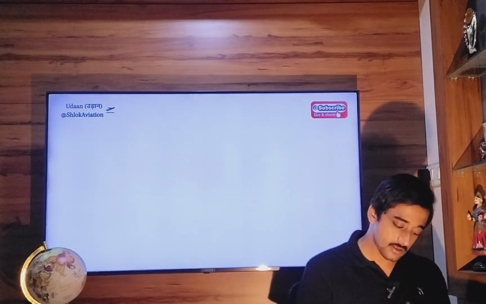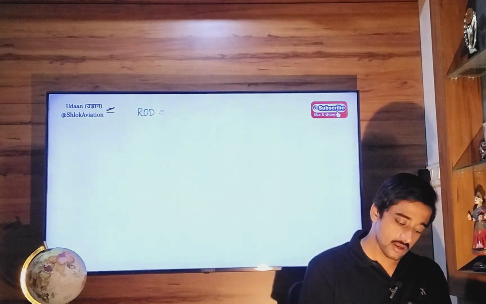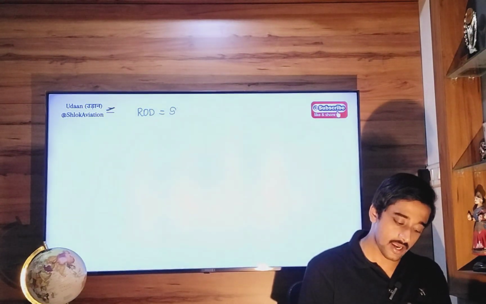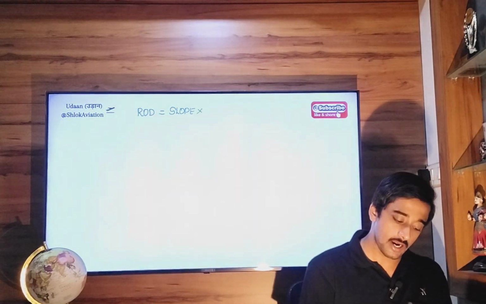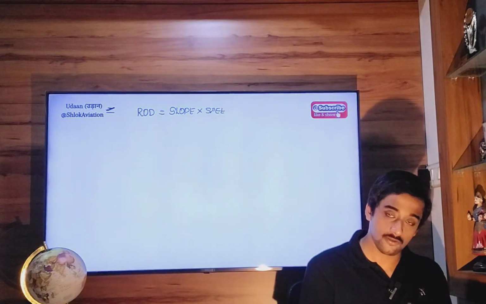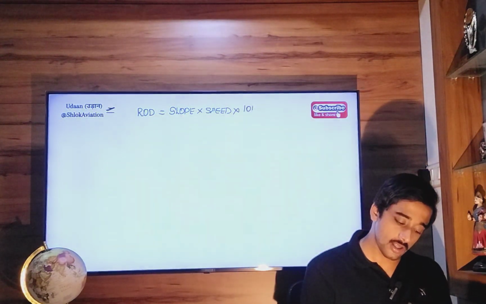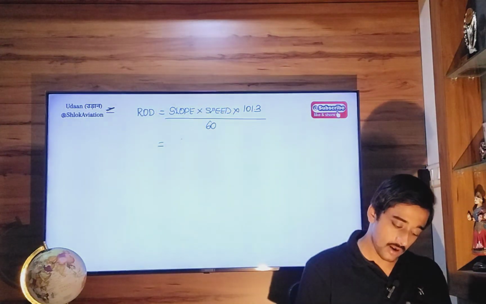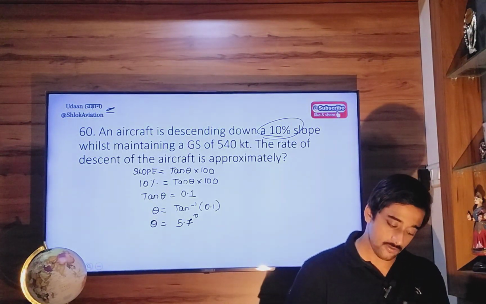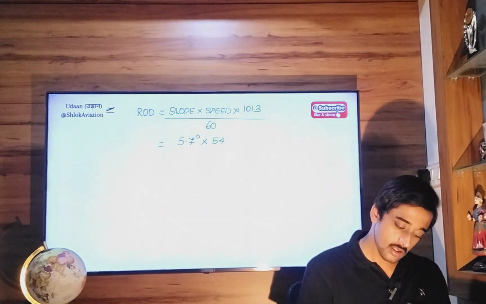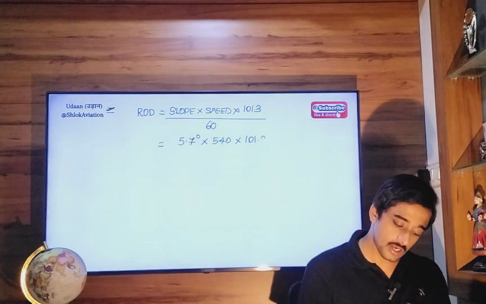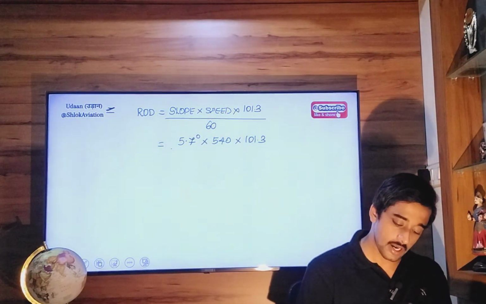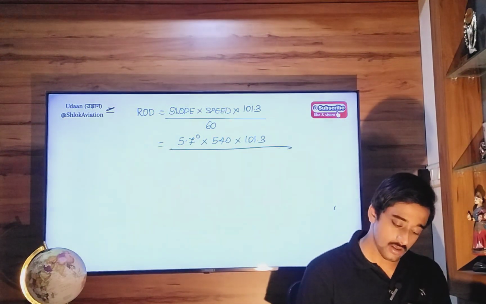Rate of descent is slope angle multiplied by ground speed in terms of feet per minute. So 101.3 divided by 60. So 5.7 degrees into ground speed of 540 into 101.3 divided by 60.